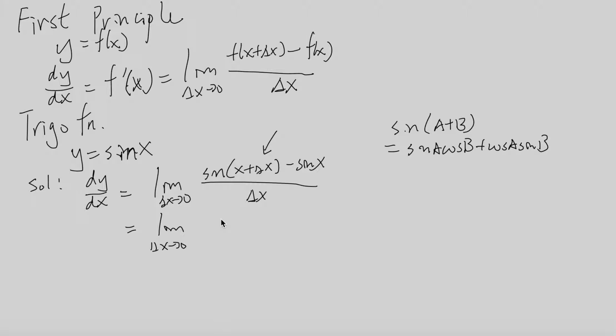The limit as delta x tends to 0 of sine x cosine delta x plus cosine x sine delta x minus sine x over delta x.